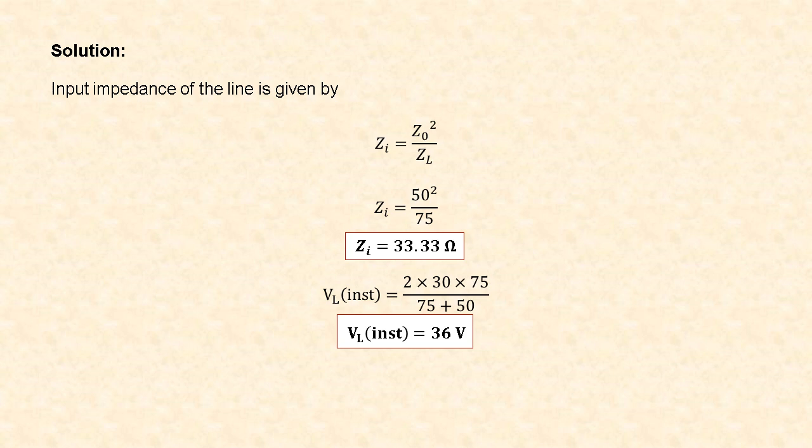Substituting the values of characteristic impedance as 50 and load impedance as 75, we have the input impedance as 33.33 ohm. The instantaneous load voltage is calculated as 2 into the current, that is 30 divided by (75 plus 50), into the load impedance 75, which is equal to 36 volt.